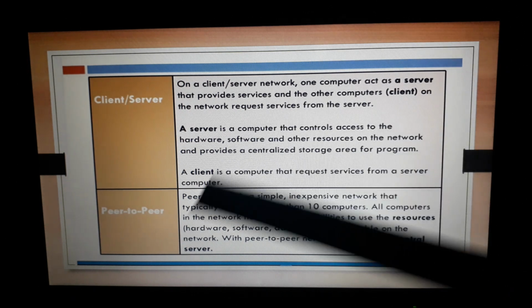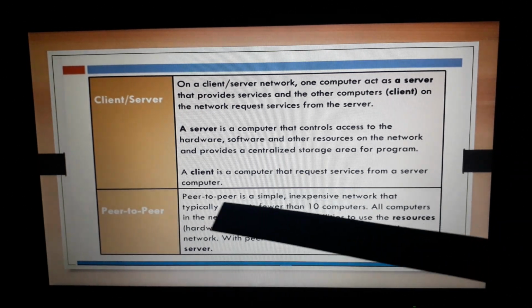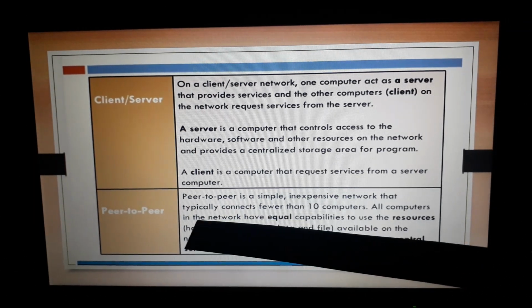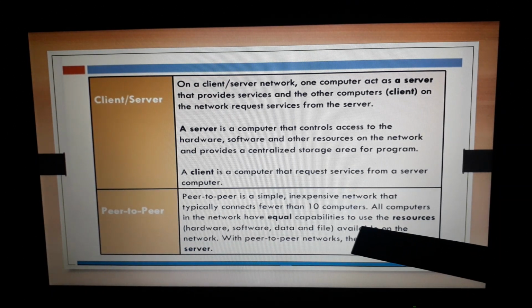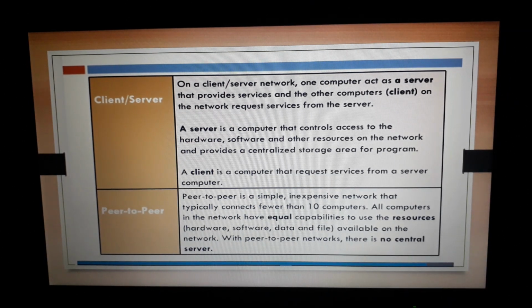Then the next type is peer-to-peer. Peer-to-peer is a simple, inexpensive network that typically connects fewer than 10 computers. All computers in the network have equal capabilities to use the resources like hardware, software, data and files available on the network. With a peer-to-peer network, there is no central server. It means that all the connected computers act like a server and also like a client.